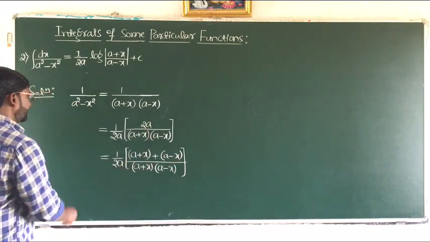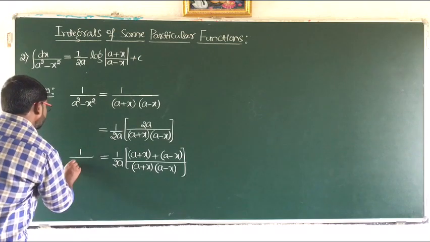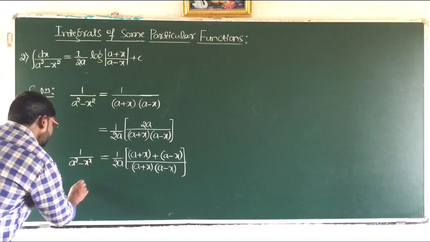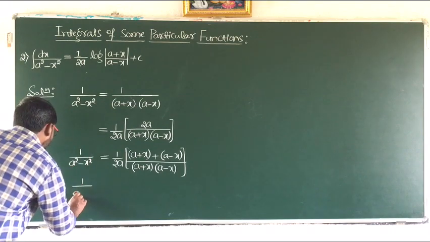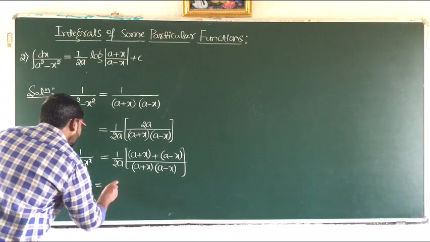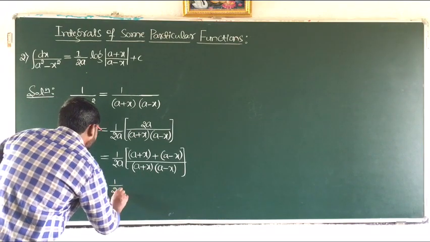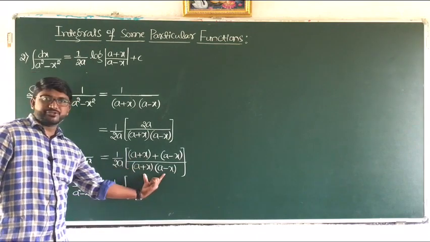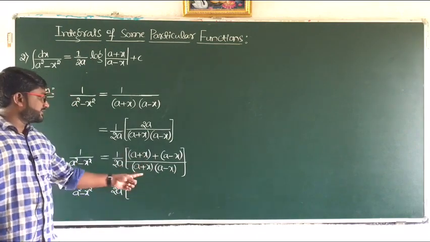So now in the next step we have to split the numerator. So here go for splitting the numerator. Now a square minus x square, which is equals to 1 divided by 2a. Then here, a plus x divided by these two terms, a plus x and a plus x get cancelled.